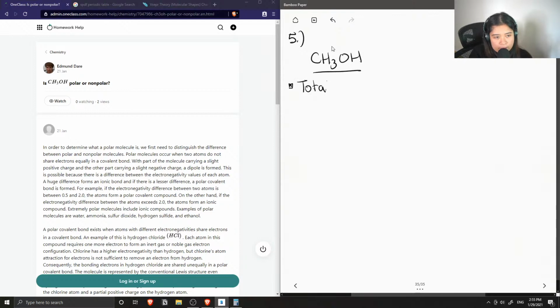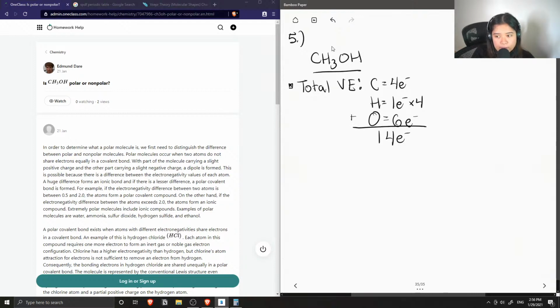So to draw out its Lewis structure, we first need the total number of valence electrons. So for carbon, there's 4 valence electrons. For hydrogen, there's only 1. We multiply this by 4. And for oxygen, there are 6. So this gives us a total of 14 valence electrons.